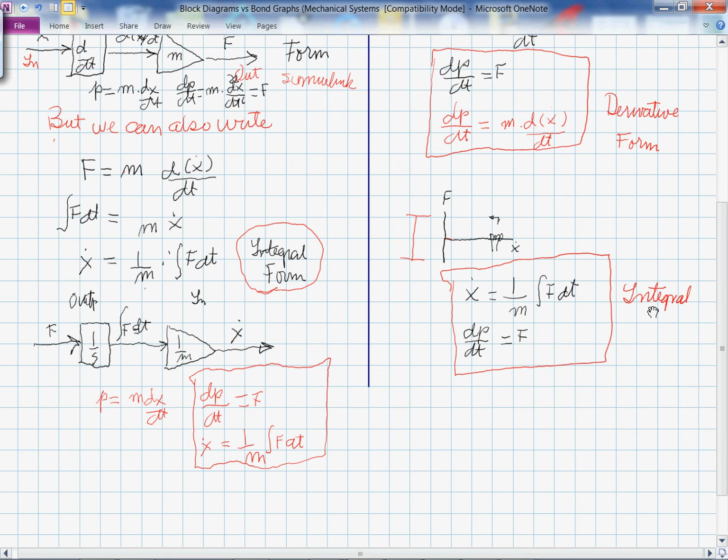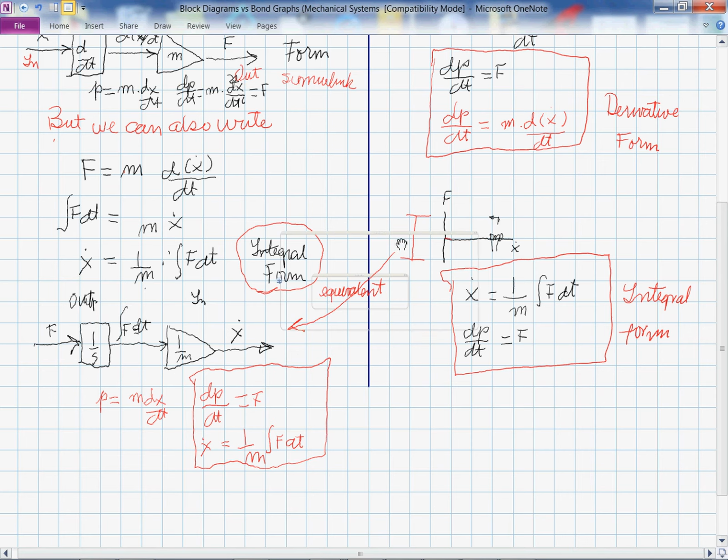So when you have a bond graph model like this, it's totally equivalent to this block diagram here. I'm gonna put here equivalent. This is just like speaking two languages. If you do it in block diagram form, it's gonna be represented like this. If you do it in bond graph form, it would be represented like that.